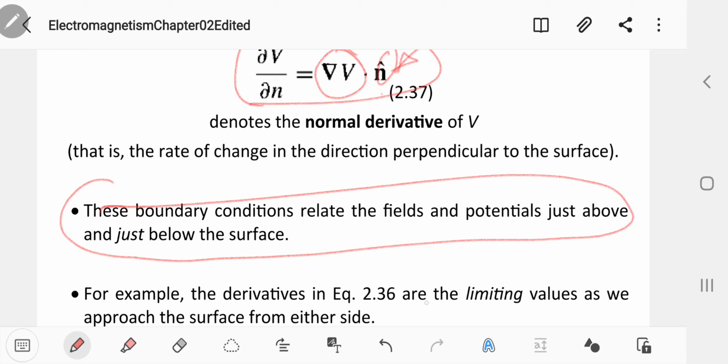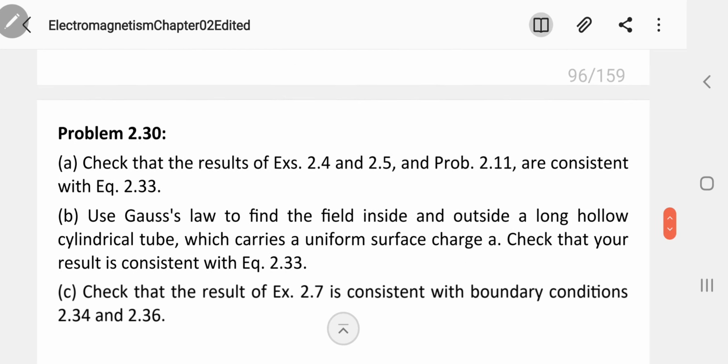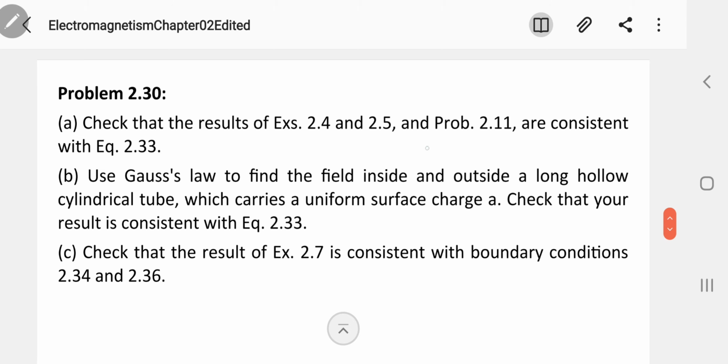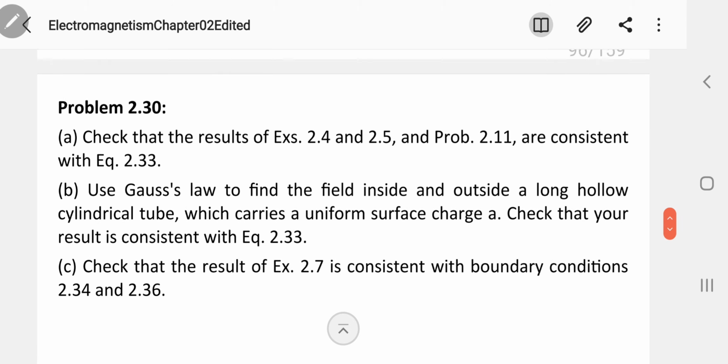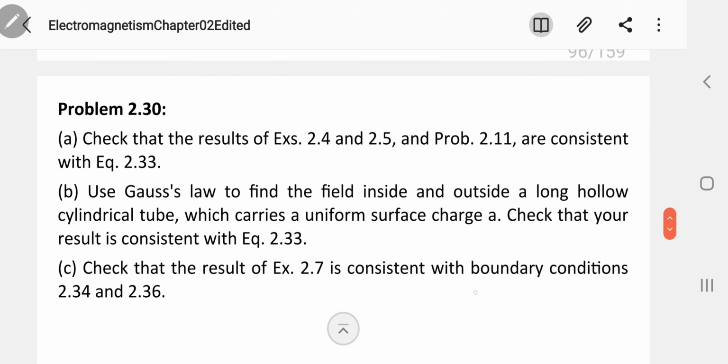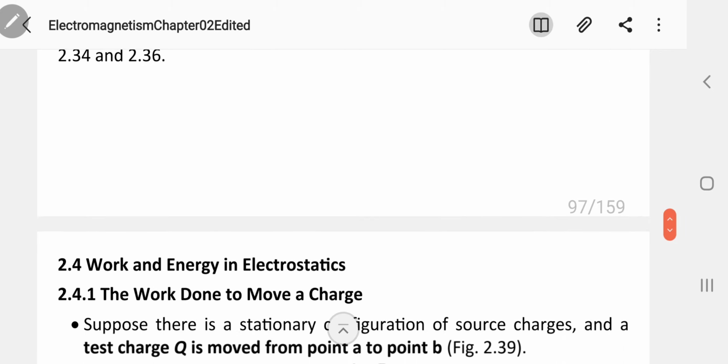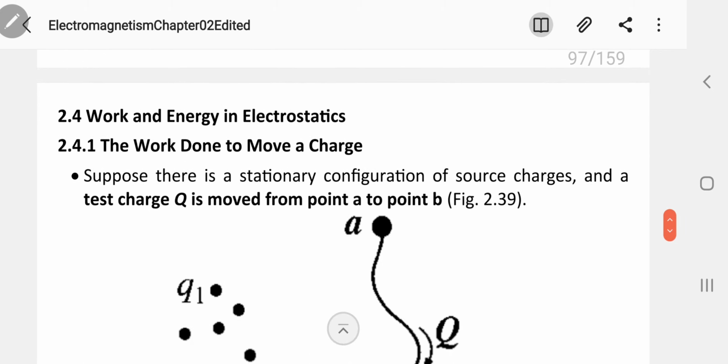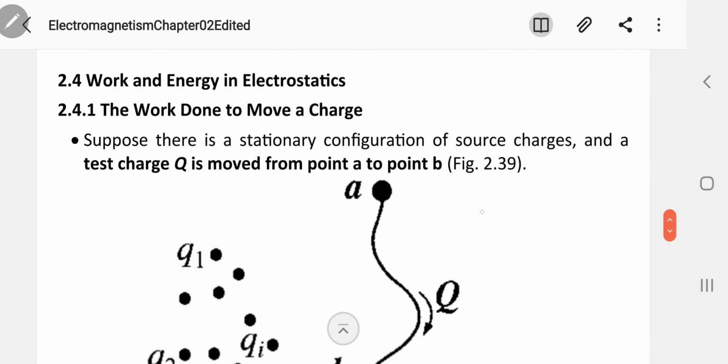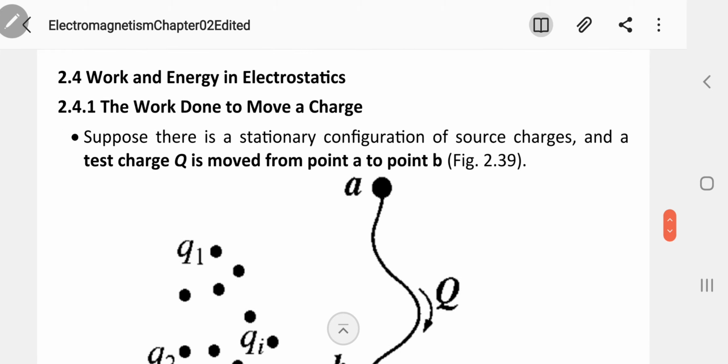Okay, if you have some free time, you can solve this problem. You can screenshot that, and then we're going to discuss work and energy in the next session, because we don't have so much time for this.